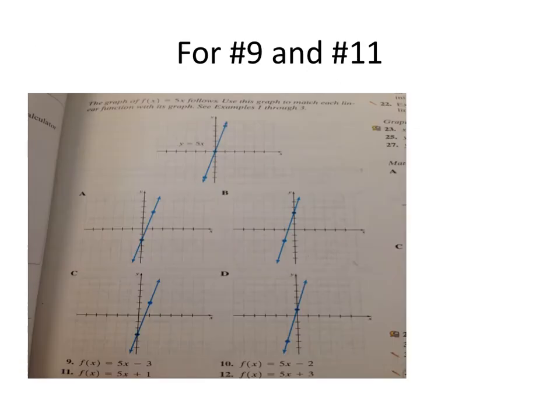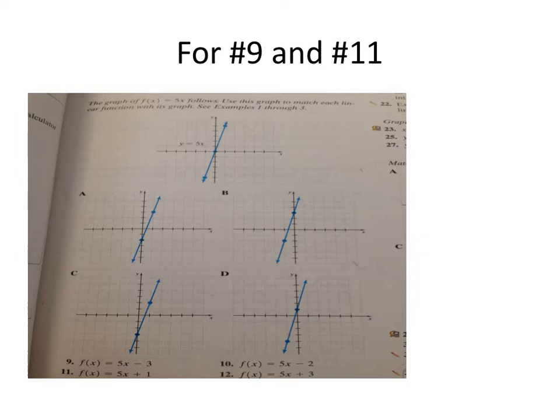All right, for 9 and 11, the directions say use this graph to match each linear function. So number 9 says f of x equals 5x minus 3. So we're looking at these choices, okay?